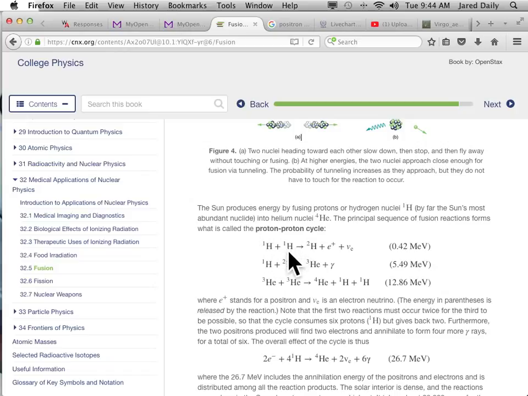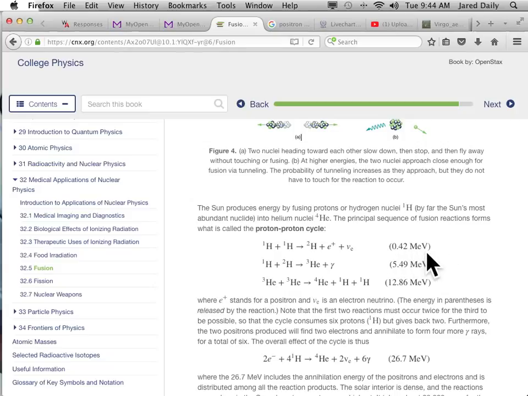One of these hydrogens actually decayed into a neutron. And so this becomes a proton and a neutron. So you have two hydrogens, two protons essentially, that become one proton and one neutron. And in the process, you release a positron and a neutrino, and this is the energy that's released in that.